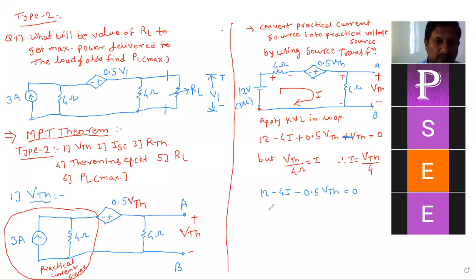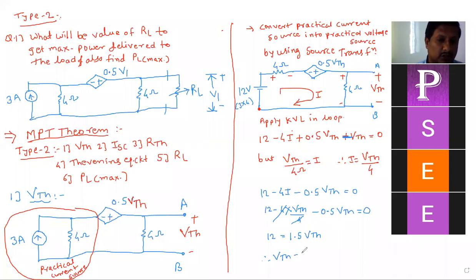E is equal to 0. So 12 as it is, -4 into I you can replace by VTH by 4, minus 0.5 VTH is equal to 0. So this 4 will get cancelled. So 12 keep as it is in the left hand side, minus VTH and minus 0.5 VTH, that is minus 1.5 VTH, which goes to the right hand side and becomes plus 1.5.